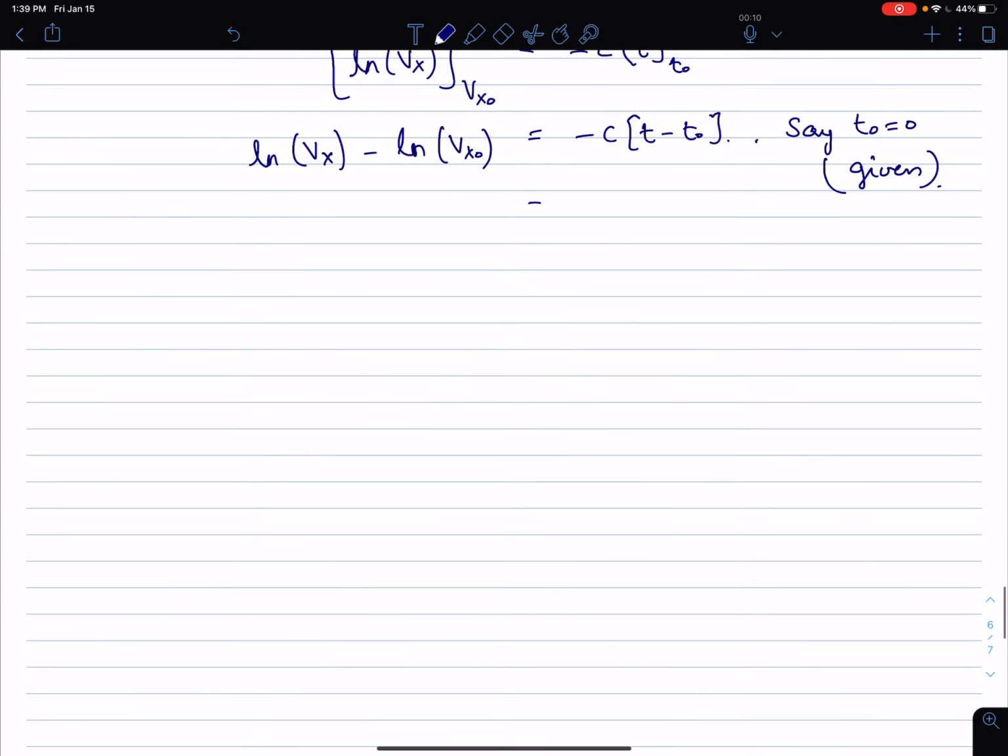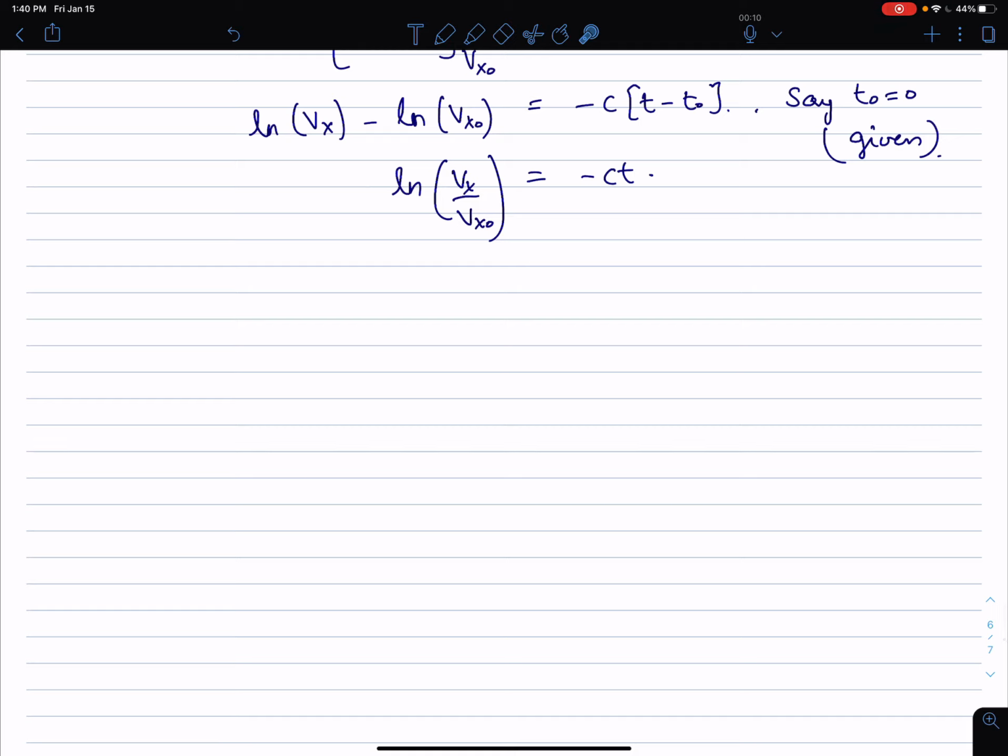Then this is just minus ct. I'm just going to simplify the expressions a little bit. On the left-hand side, we have log something minus log something. And that's a formula that says that log A minus log B is log of A by B. So that's what we get there.